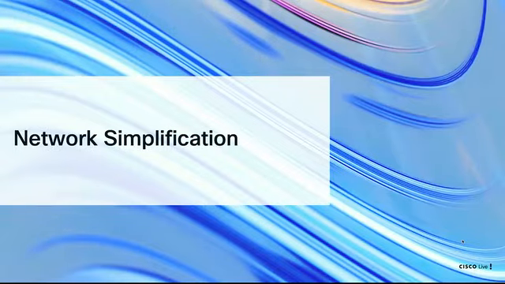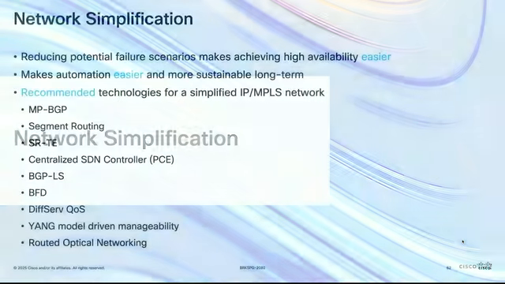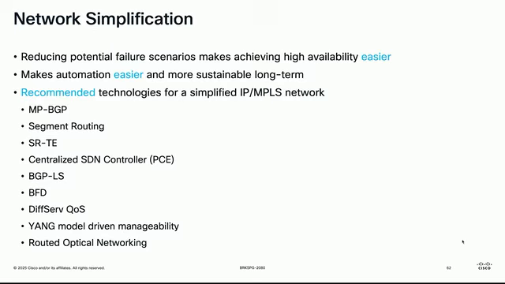Network simplification is all about reducing complexity. And reducing complexity not only makes automation easier, but it makes high availability easier because you're reducing the number of potential failure scenarios. So in a simplified network, we would recommend the following technologies.